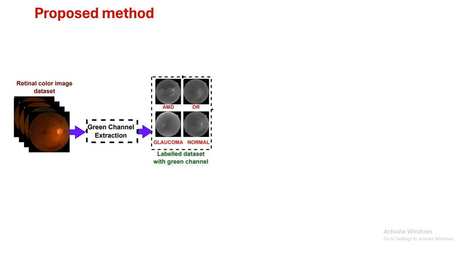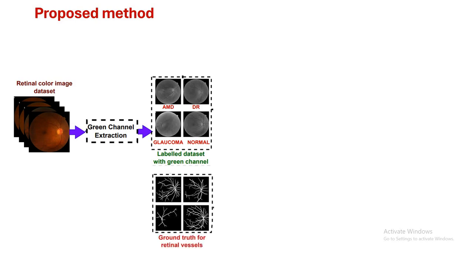Proposed method. First of all, the models we have developed have been trained using the 5 dataset. So this is the original 5 dataset, as you can see. In the first stage, we have extracted green channels, and the dataset itself contains 4 different classes of images: AMD, DR, glaucoma and normal.